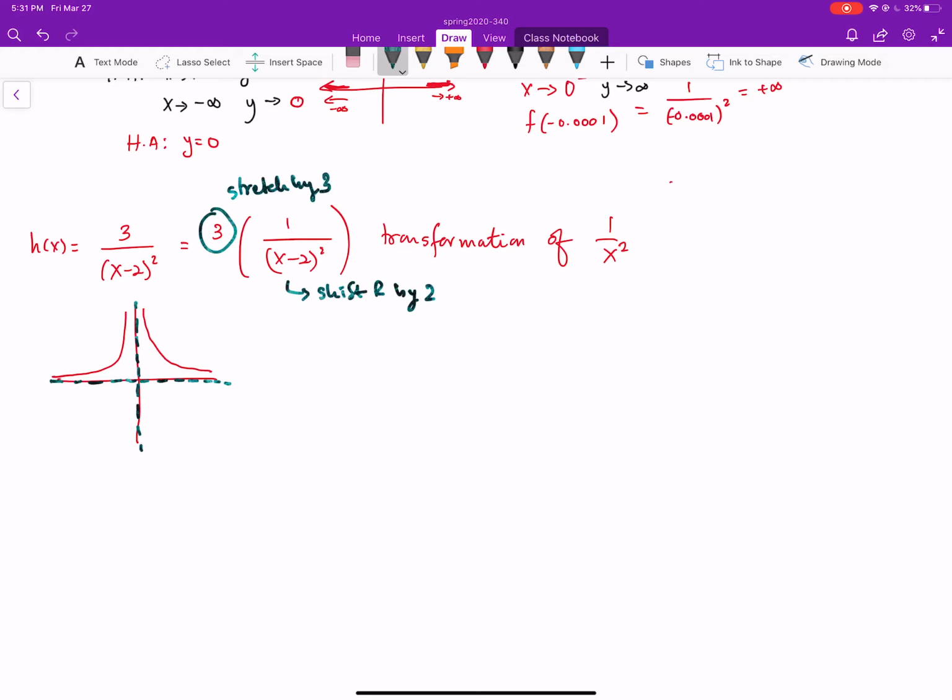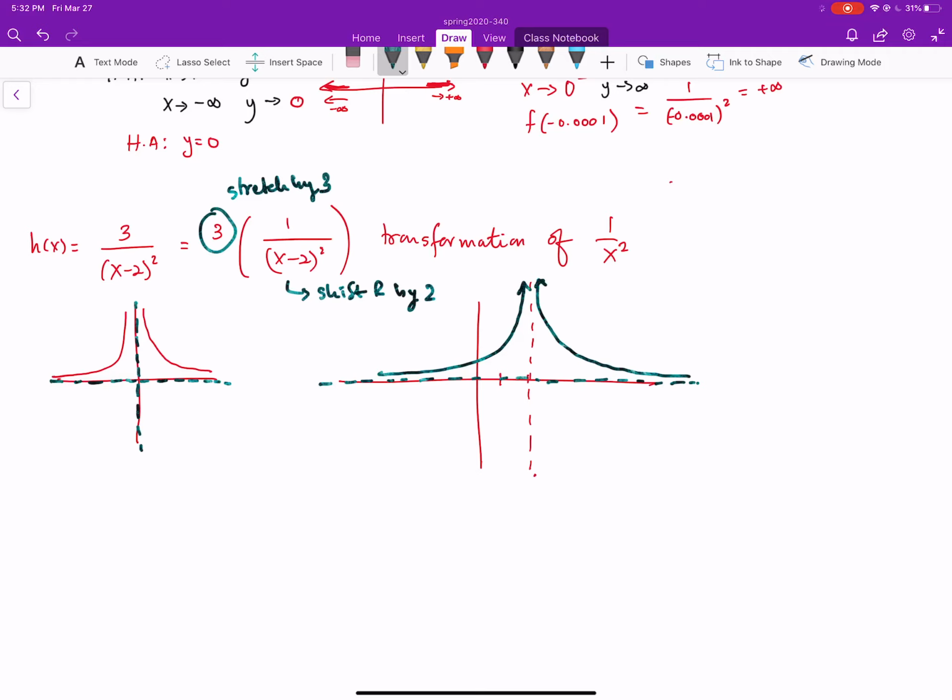So I'm going to move this graph two units to the right. I'm right here now. The horizontal stays. And then now the graph just connects. So we got this going this way, and then that going that way.